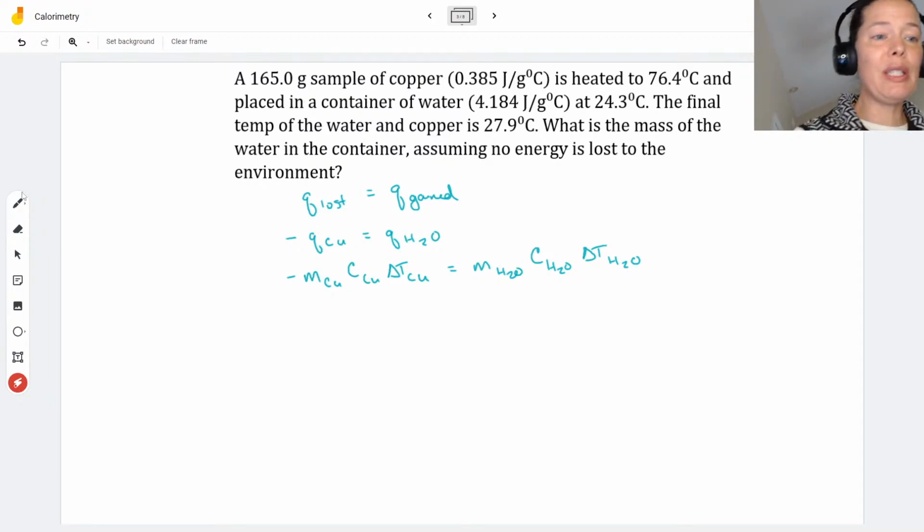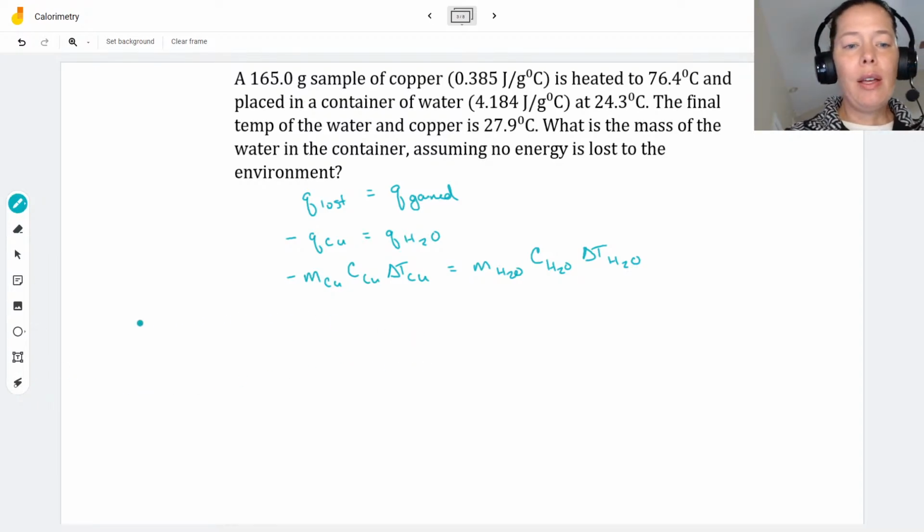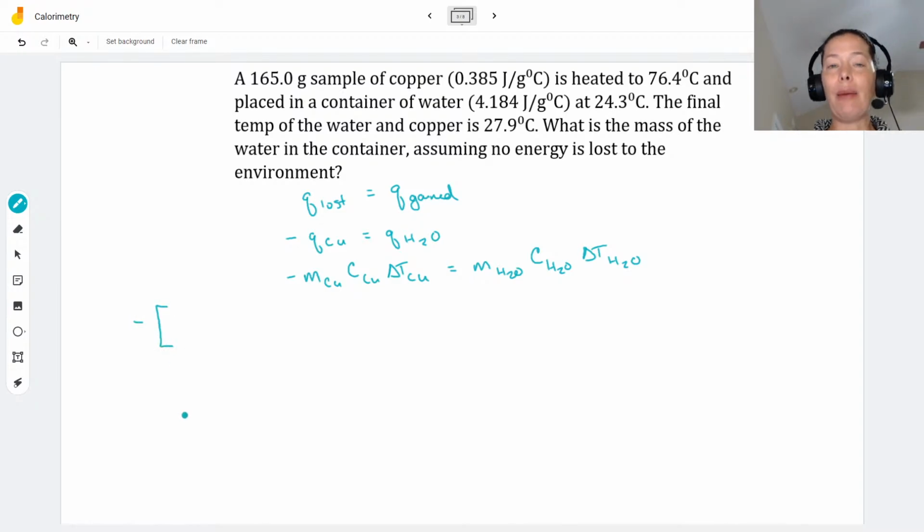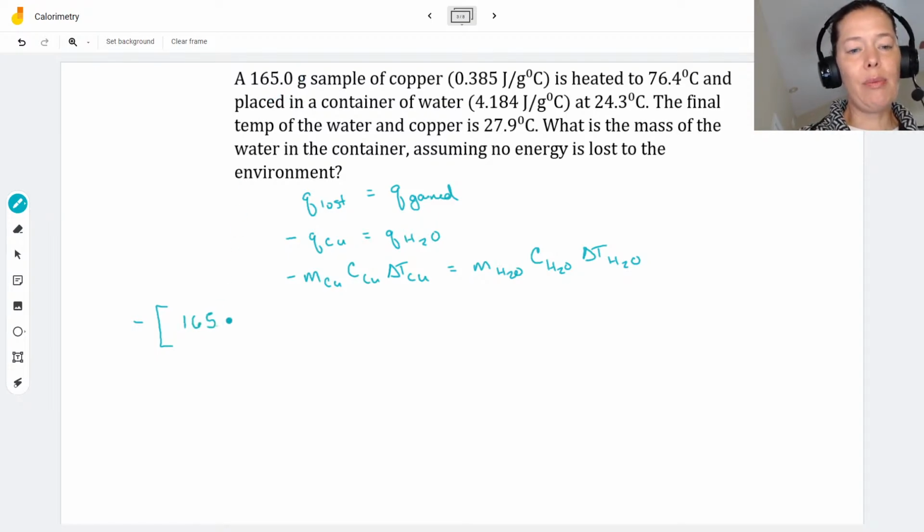All right, so let's put some numbers in. And this is going to take a little bit of space. So there's my negative on the outside, and I'm going to use brackets because I'm going to deal with the negative in a bit. So I need my mass of copper. That was 165 grams. I need my specific heat. Again, make sure you pull the specific heat of copper and not the specific heat of water.